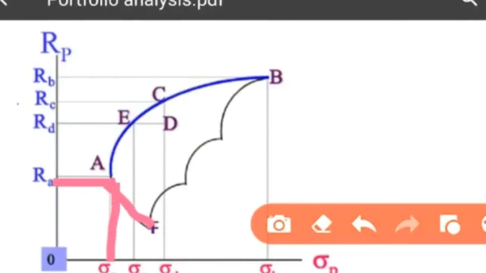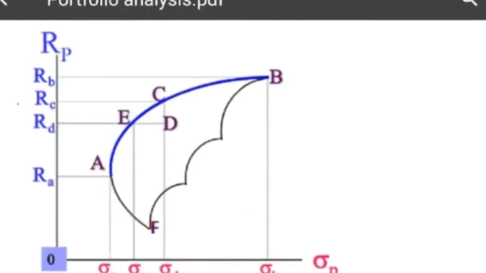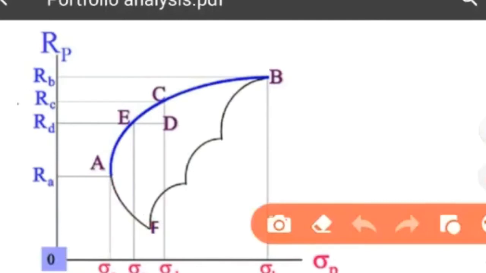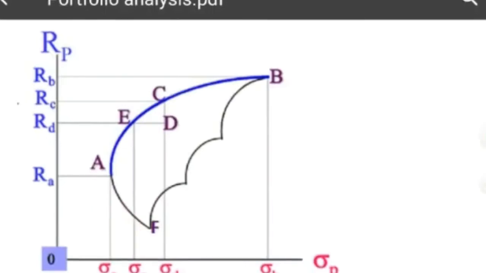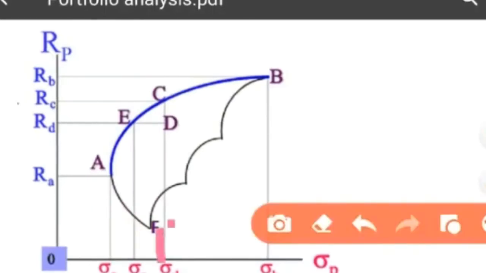And when we move down the graph, when we choose any point on AF, suppose another portfolio here, you can see the return is below 10, maybe 5, but the risk has increased to 20. And again, if you take the portion of F, you can see that the risk is greater, that is 30, and the return has reduced.